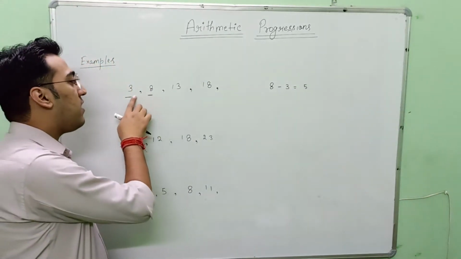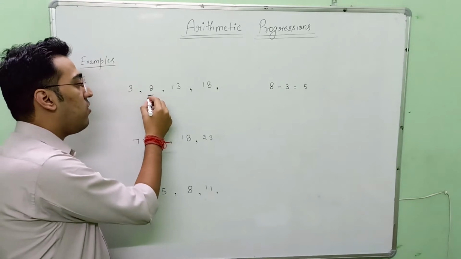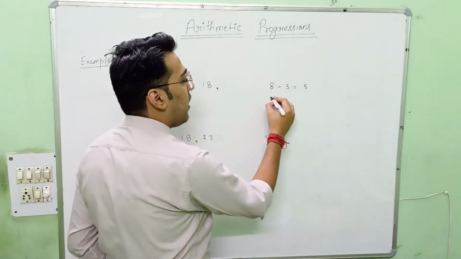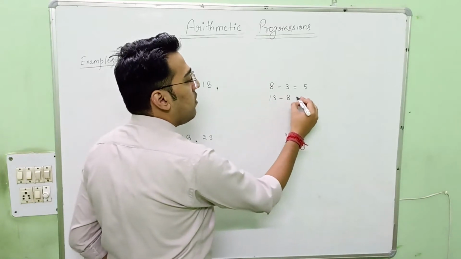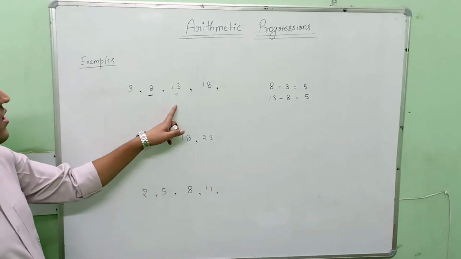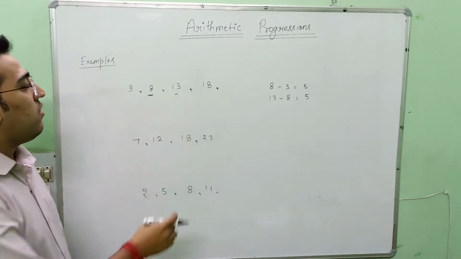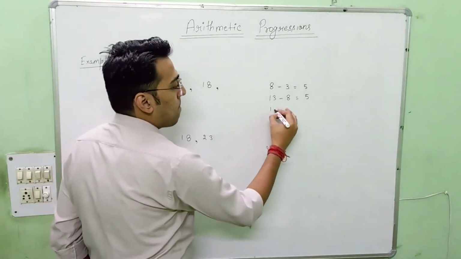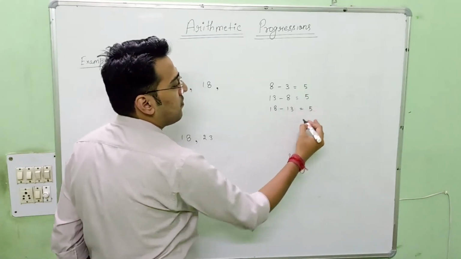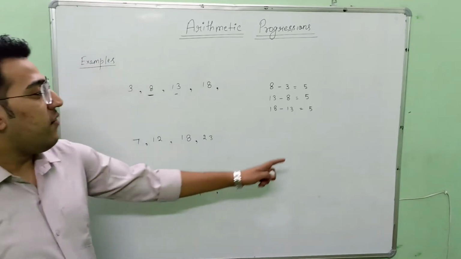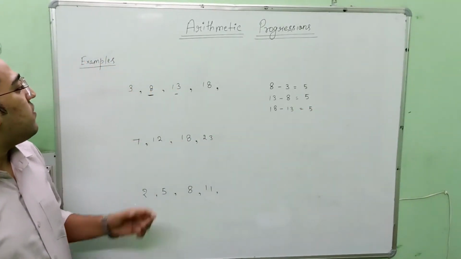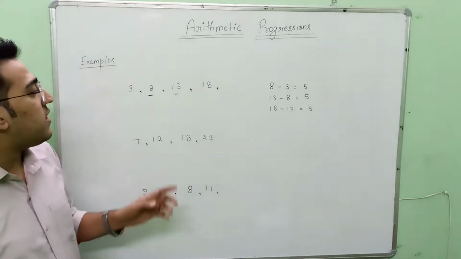We will subtract this 8 from 13. And we will do this again for 13: 18 minus 13.